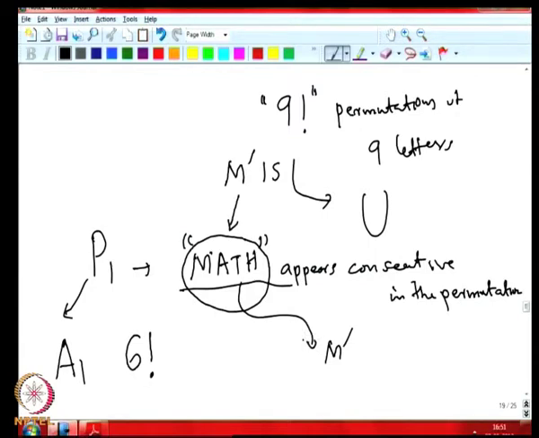So m dash is one letter, total 6 letters, we take any permutation of this, and we insert that. m dash can be substituted by math, and the other way, if you get a permutation where math is coming consecutive, I can substitute m dash there, we will get a corresponding permutation here. So there are 6 factorial permutations in which math appears consecutive.